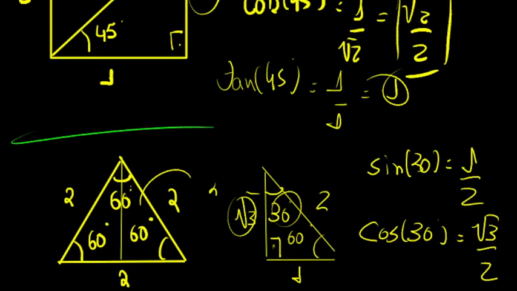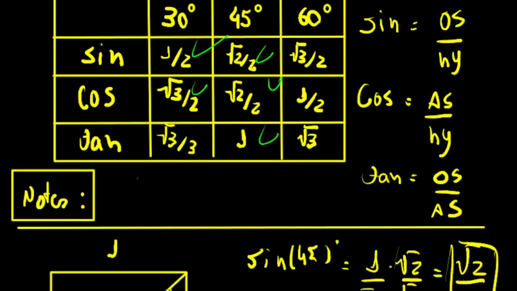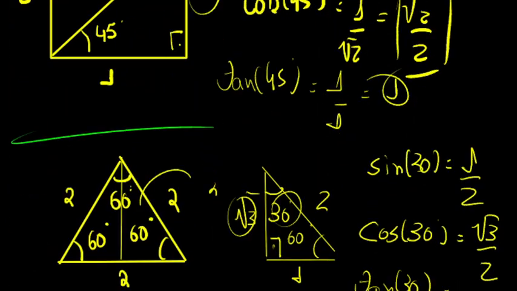And the tangent of 30 is equal to the opposite side divided by the adjacent side. So 1 divided by the square root of 3. We can multiply this by 1, and it's going to be the square root of 3 divided by 3. Let's verify this. Yeah, it's true.